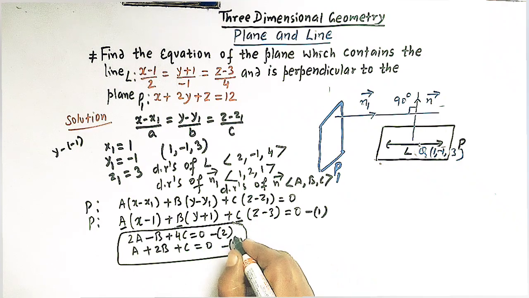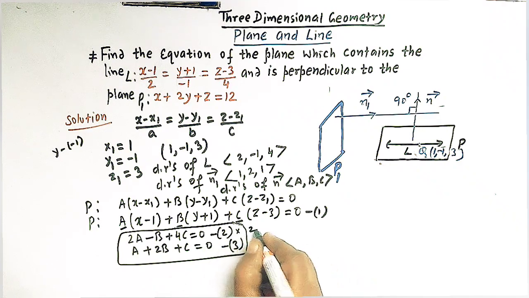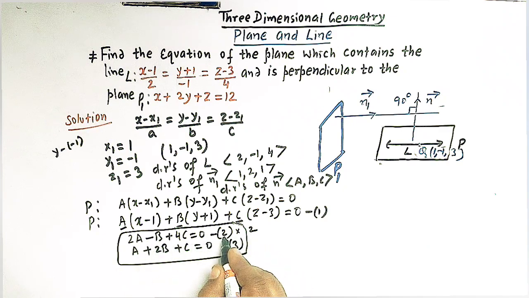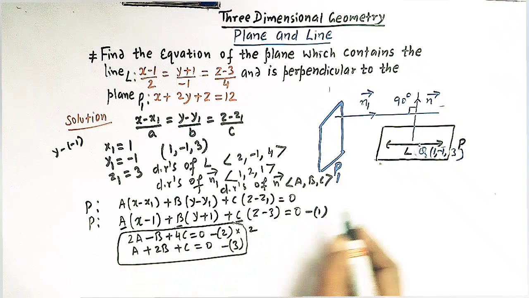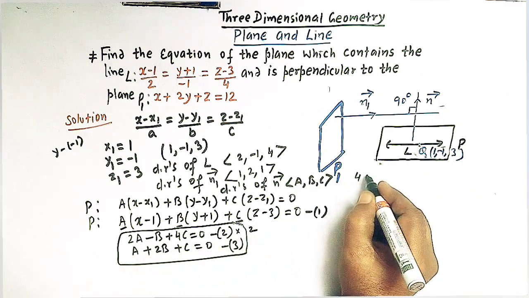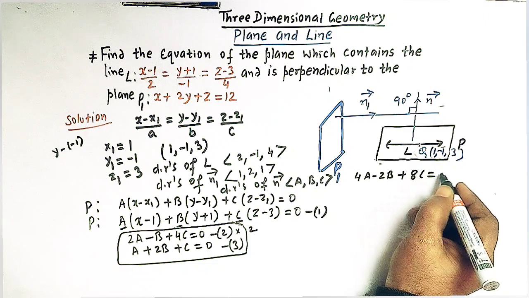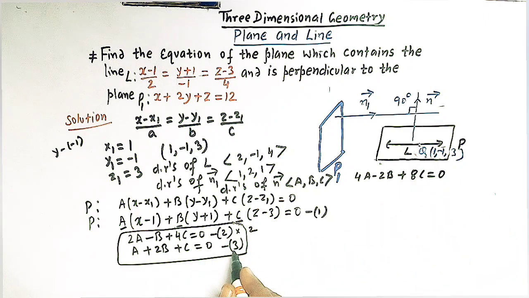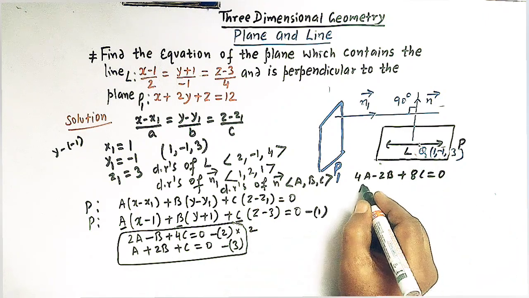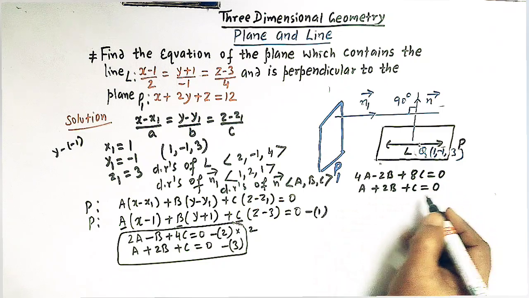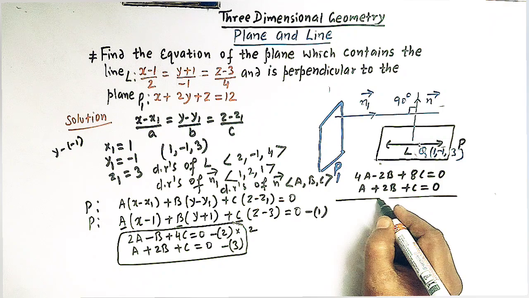So let us multiply equation 2 by 2, because here we have minus B and here we have 2B. Multiplying equation 2 by 2, we have 4A minus 2B plus 8C is equal to 0, and equation number 3 may be written here, A plus 2B plus C is equal to 0, and let us add these two equations.